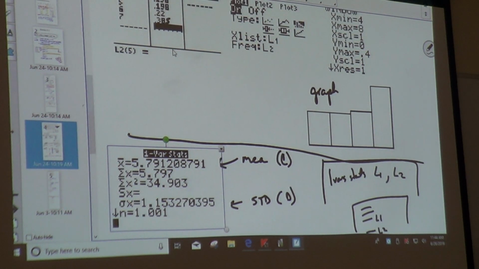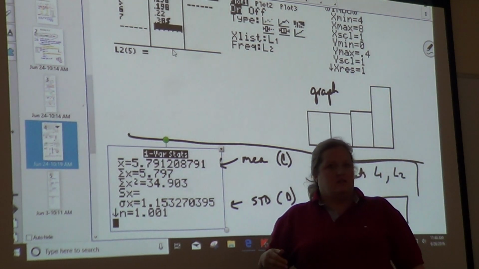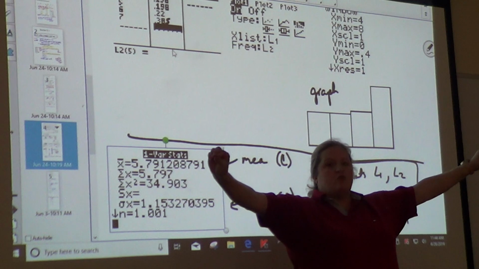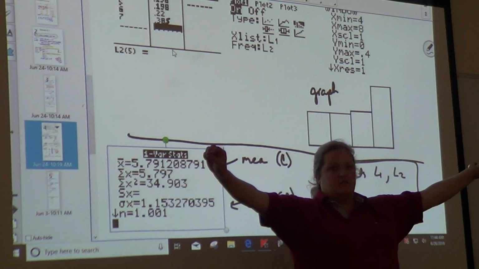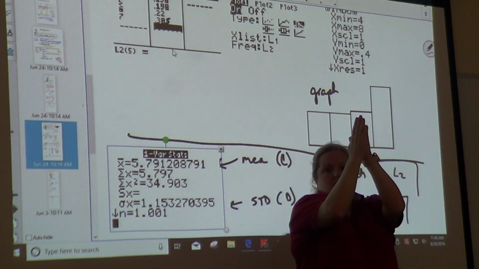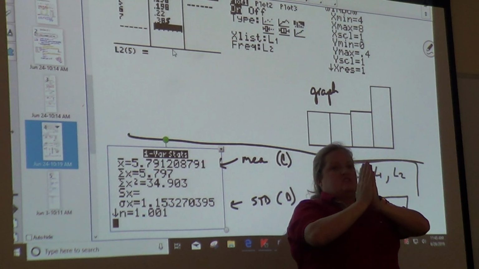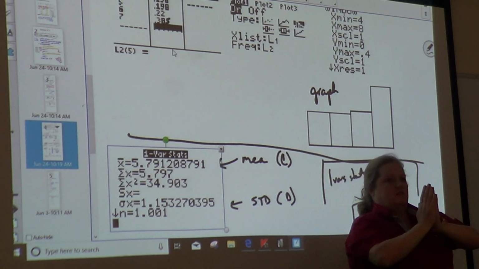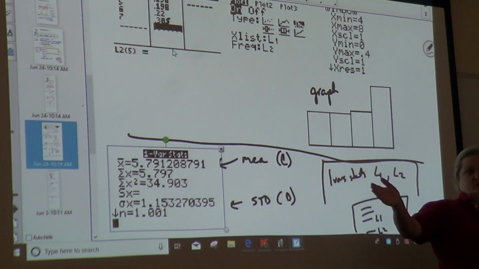Now, it said interpret. What does that mean in standard deviation mean? If I was drawing a normal distribution, where would the mean go? In the middle, in the hump. What does the standard deviation tell us? To the left, to the right.